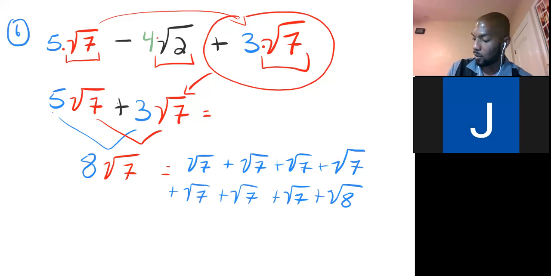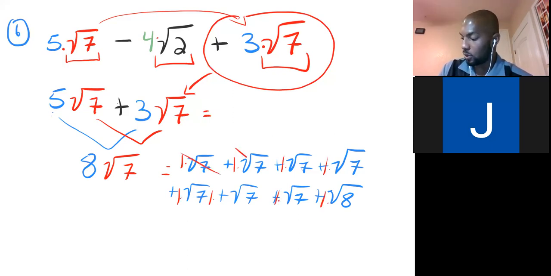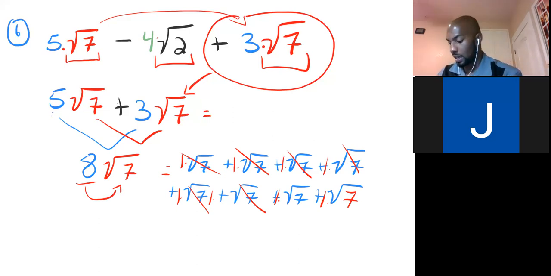Imagine each of them had a 1 in front because it's 1 times. How many are there? Well, there's 1, 2, 3, 4, 5, 6, 7, oh, that's an 8. Sorry. There are 8 rad 7s. Rad 7, 8 times. All right, but that's not why we're here.